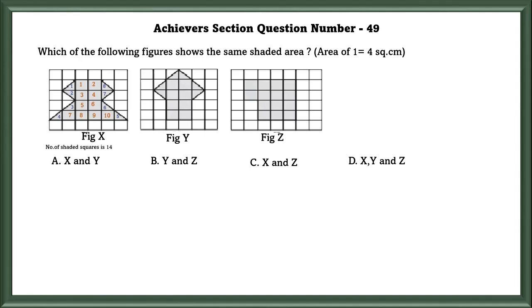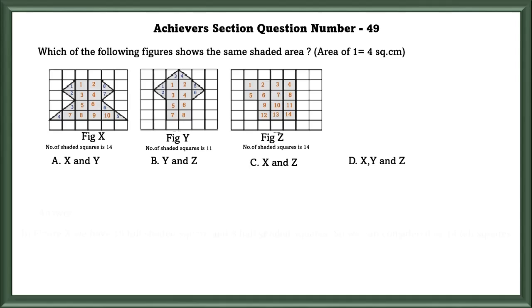And similarly, in figure Y, we can see that there are 6 half squares, which we can calculate as 3 full squares, and there are 8 full squares. Here in figure Y, we have 11 shaded squares. In figure Z, similarly, we have 14 squares. We can see that figure X and figure Z have the same number of squares.